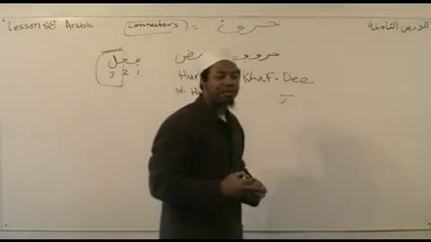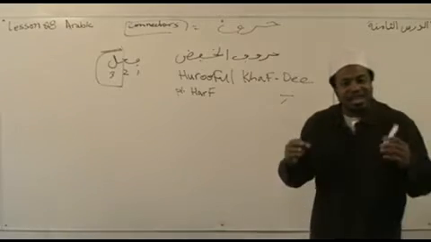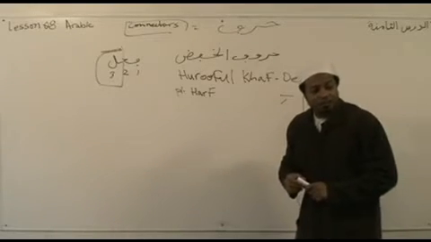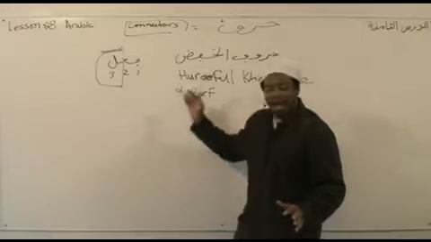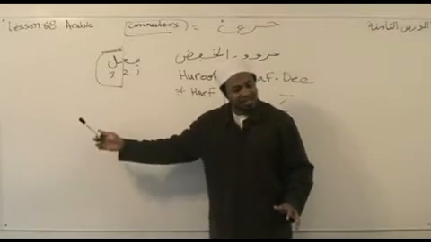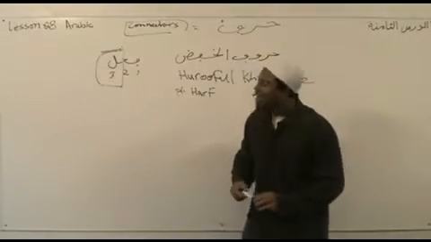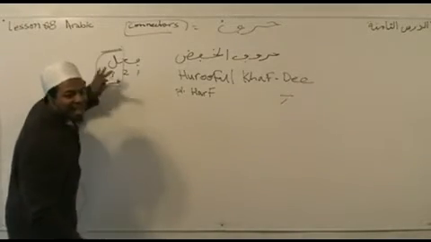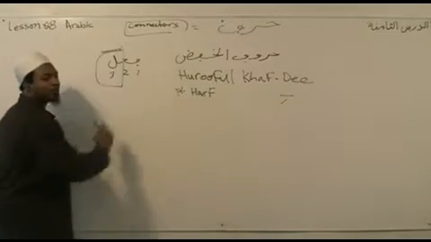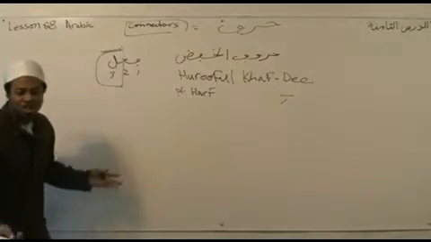Remember, we talked about grammar before. The definition of grammar in Arabic is the science through which we learn and understand what's happening in a sentence based on the changes occurring at the end of the word. This is the end of the word. What are the changes?